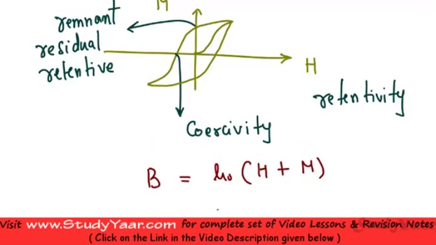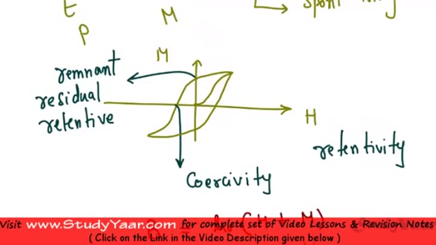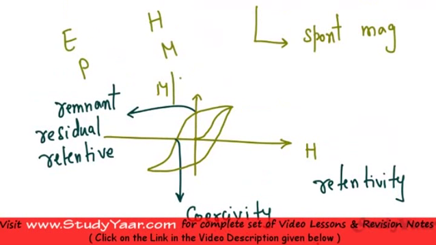So you can pretty well say that your B is almost equal to mu 0 into M. So if you trace a graph between your flux density and your magnetic field, then also you are going to get the same hysteresis loop.